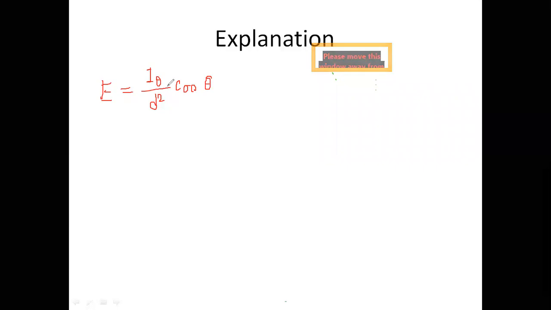So E equals I theta by d square into cos theta. This is the cosine law.